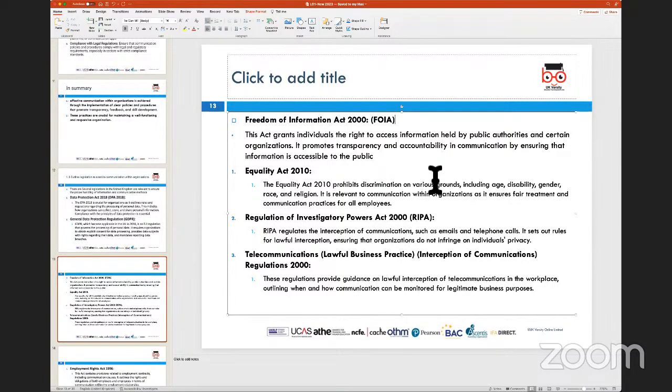When they advertise, if they say that we need a receptionist and female candidates only apply, or if they put in an age bracket, such as candidates only between the ages of 20 to 24 may apply, or 24 to 28 may apply, then the organization is in breach of the Equalities Act of 2010, because they're highlighting something which cannot be used to discriminate against people who want to apply for that particular job.